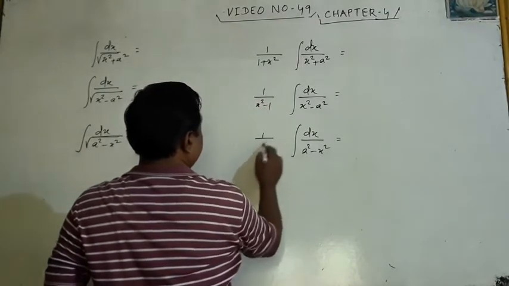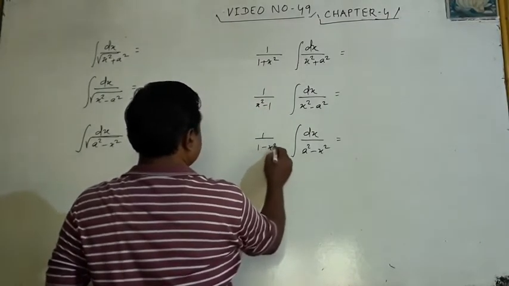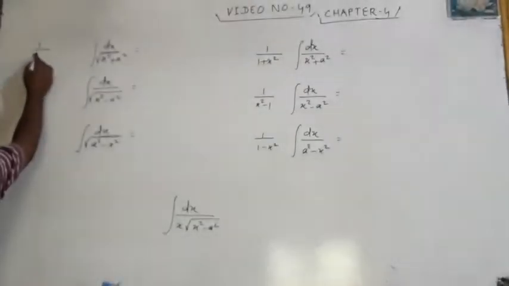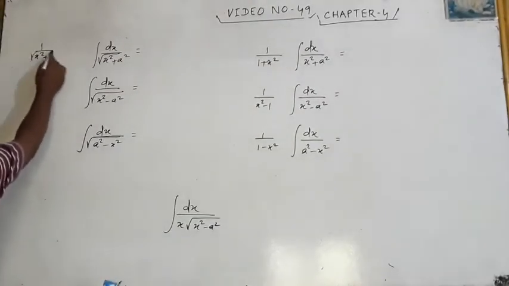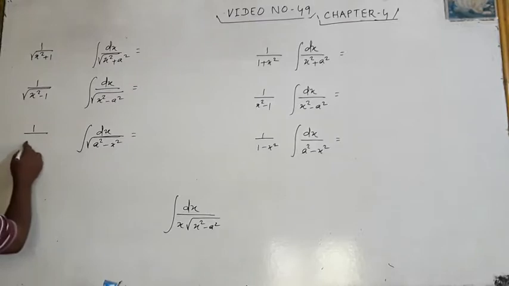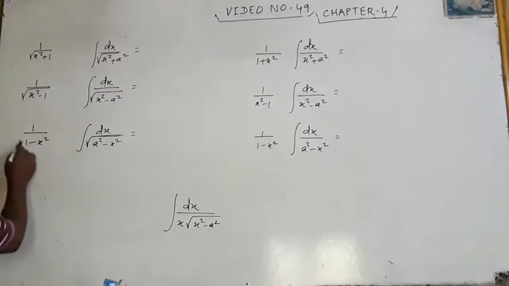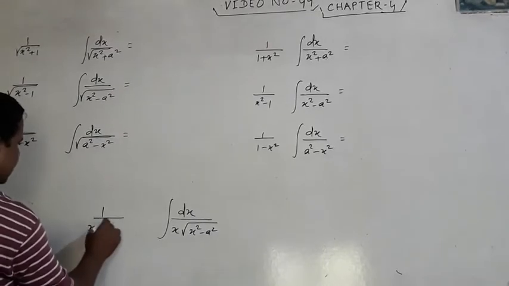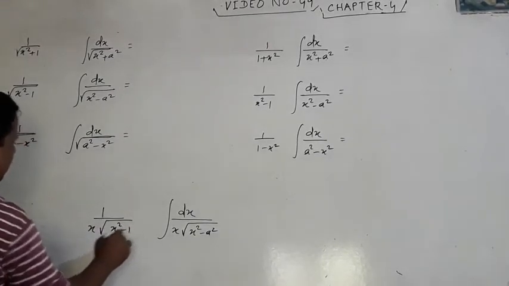It is 1 by 1 minus x square. It is 1 by root over x square plus 1. It is 1 by root over x square minus 1. It is 1 by root over 1 minus x square. It is 1 by x into root over x square minus 1.